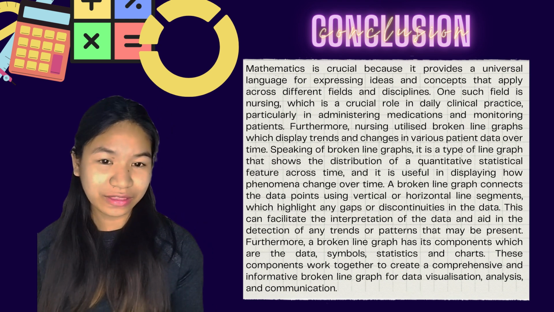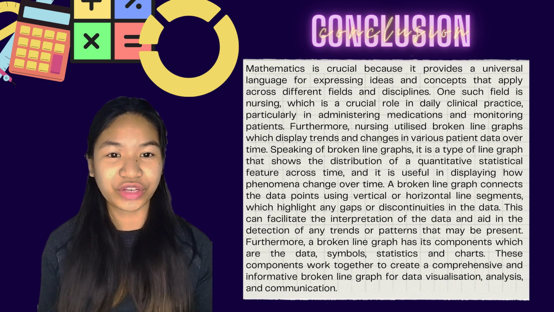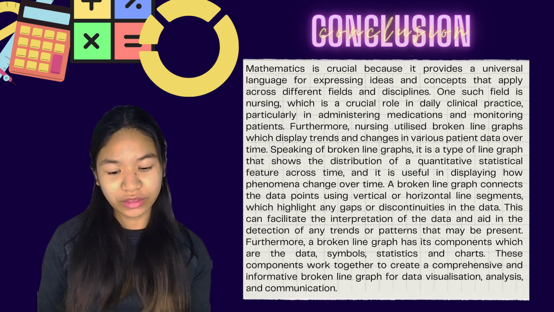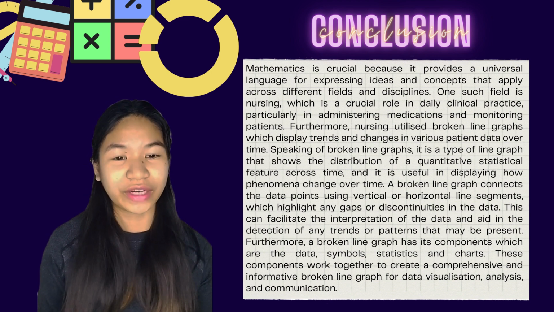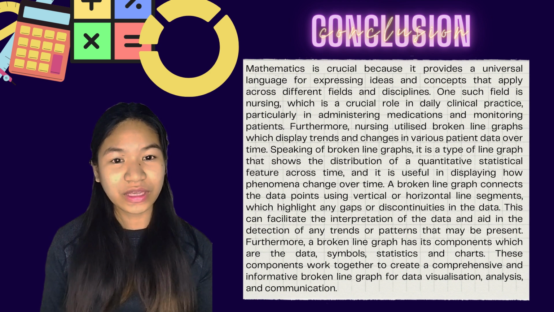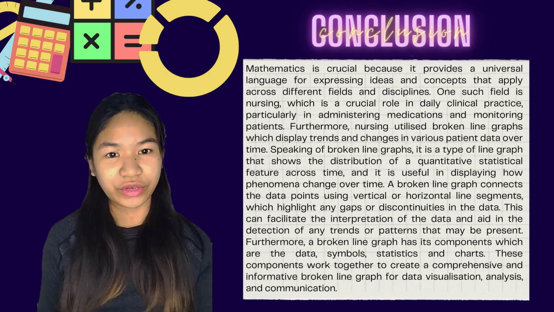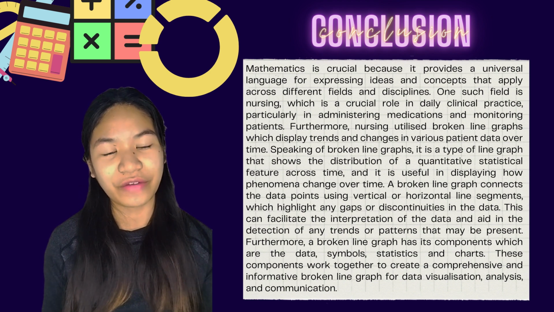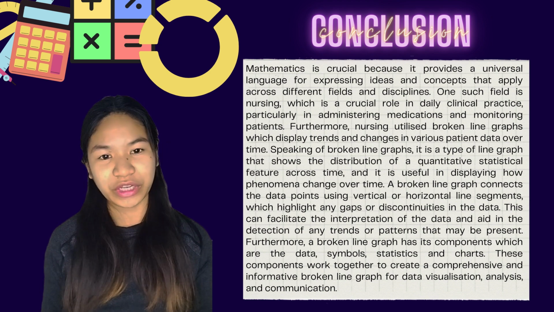This can facilitate the interpretation of the data and aids in the detection of any trends or patterns that may be present. Furthermore, a broken line graph has its components, which are data, symbols, statistics, and charts. These components work together to create a comprehensive and informative broken line graph for data visualization, analysis, and communication.